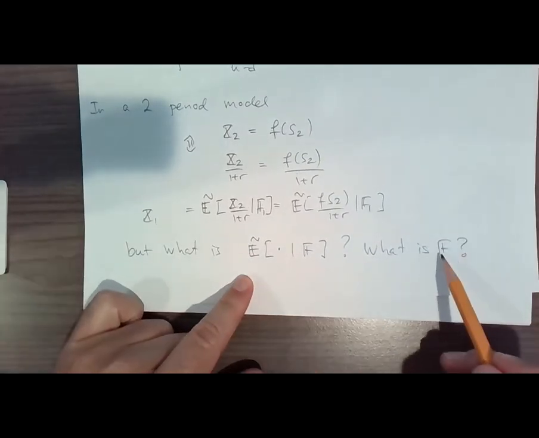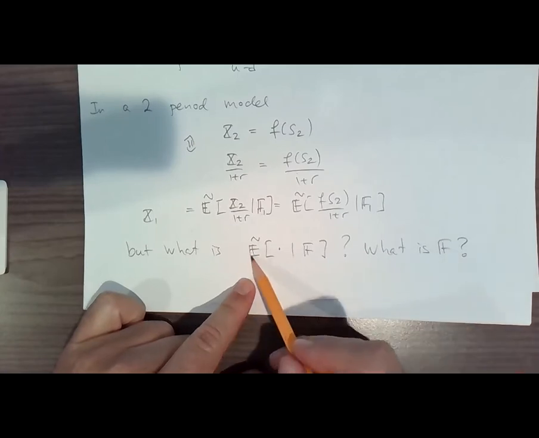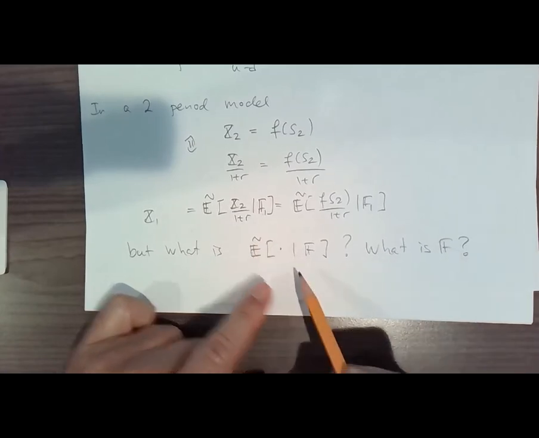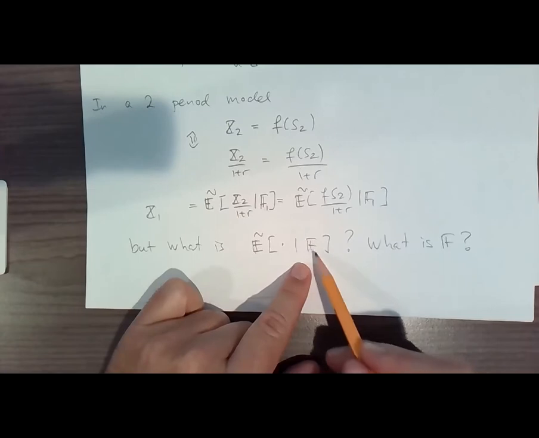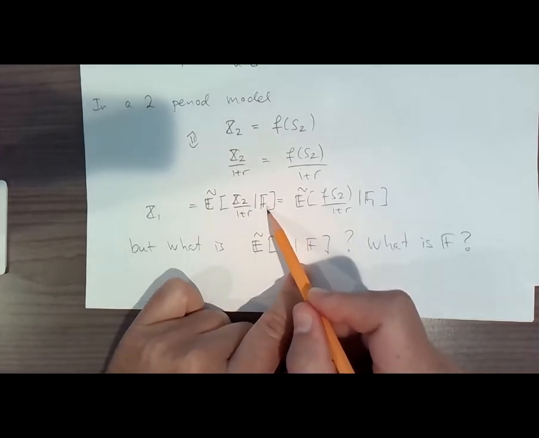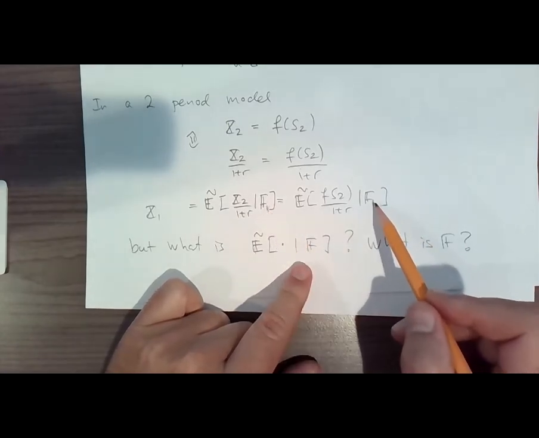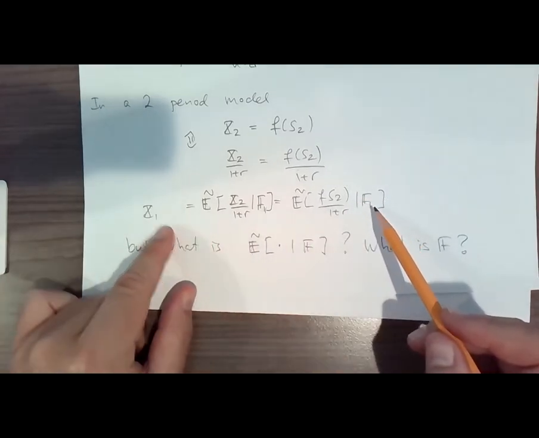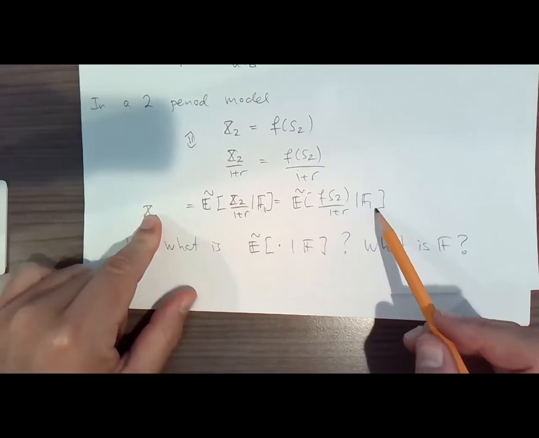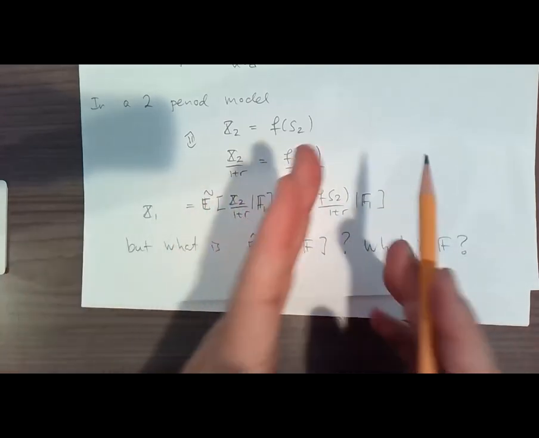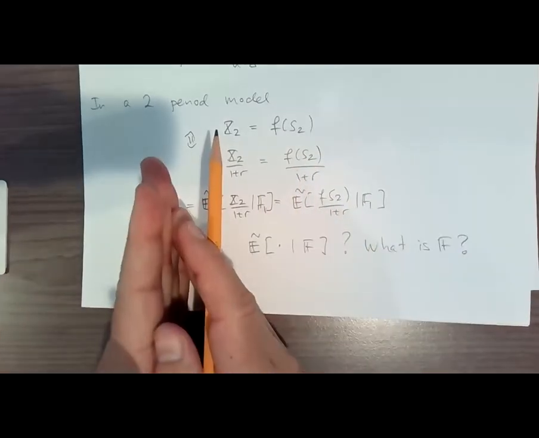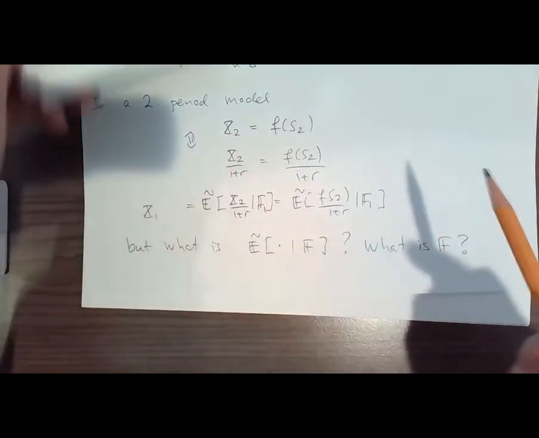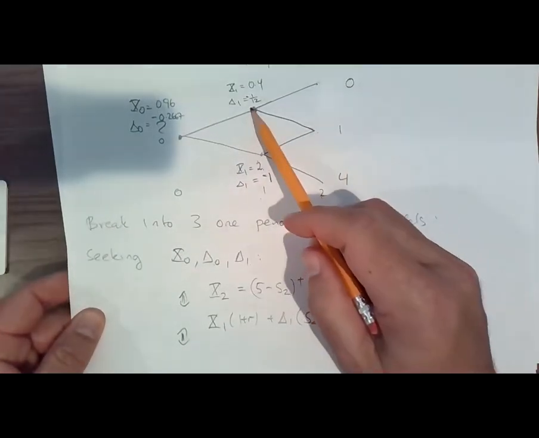This is an F with 2 lines down. This here is an E with 2 lines down. There's a tilde here, there's no tilde over here. Here we're conditioning. Here there's an F1 and an F1. This 1 indicates that we're sitting at time 1, so this 1 is related to the 1 over here. So this operator is something that takes us from time 2 to time 1, something that takes us from out here to in here.